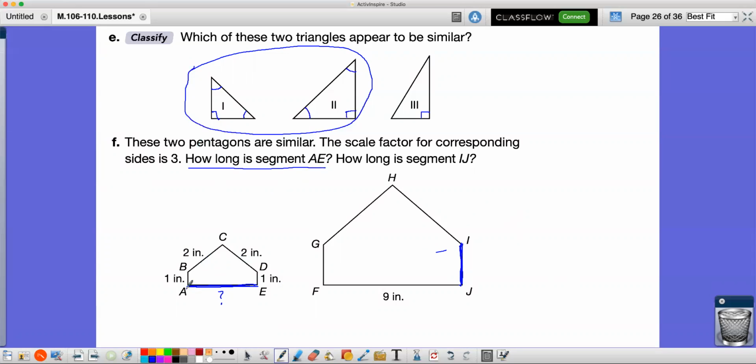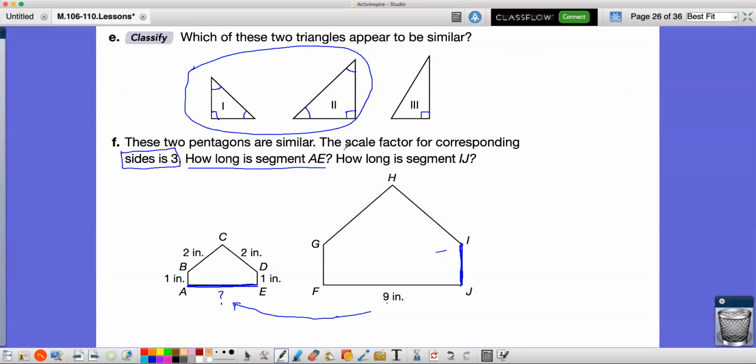So line segment A to E, it's not 9. This doesn't just translate straight over, right? But it does have a ratio. We're going to have to figure out what that ratio is. And if we look at this, it seems to me like you can tell that this side would be 3 inches, because if you were to look at it, you can tell that it's got a scale factor of 3.